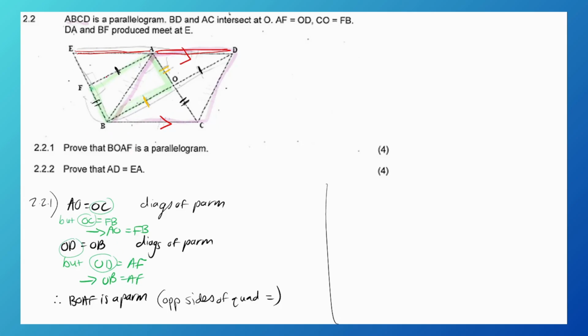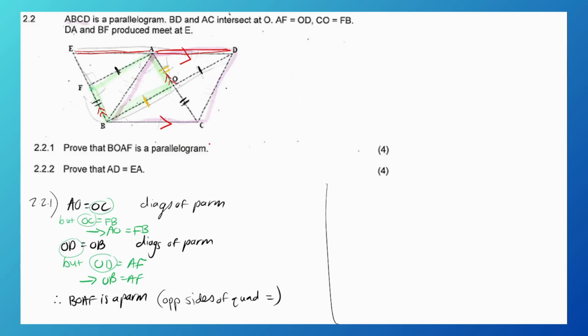Similarly, we proved that this green one is a parallelogram, so we know this side and this side are parallel. Now we have that these two sides are parallel and those two sides are parallel, meaning this is a parallelogram. That's how you prove those two are equal, using BC as the opposite side of both of them in their respective parallelograms.